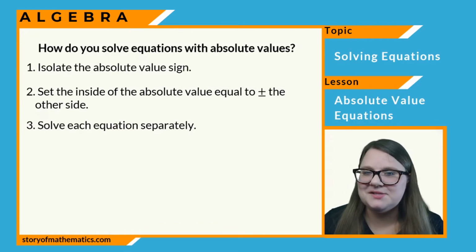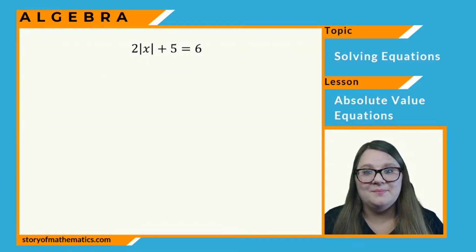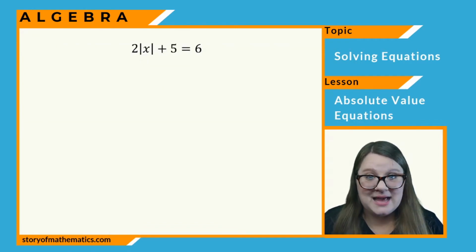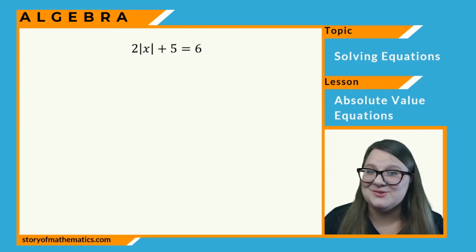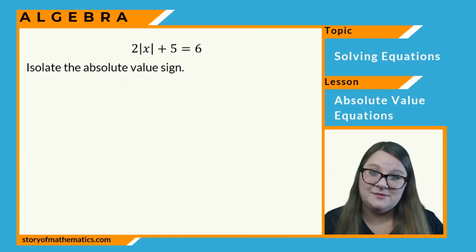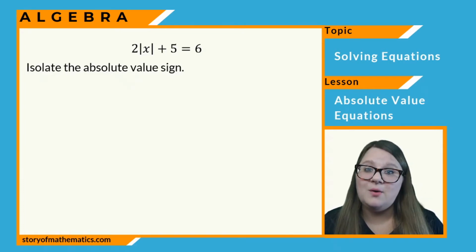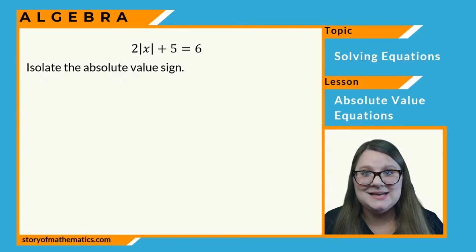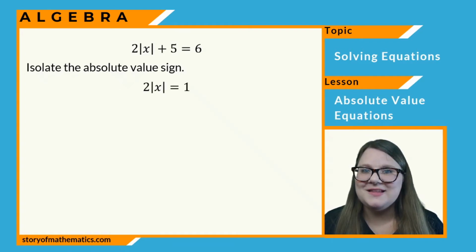So let's put this into practice with an example problem. This one is 2 times the absolute value of x plus 5 equals 6. Remember, the first step is to isolate the absolute value sign, so I need to move everything away from it. In this case, I'm going to start by subtracting 5 from both sides, and 6 minus 5 is 1.